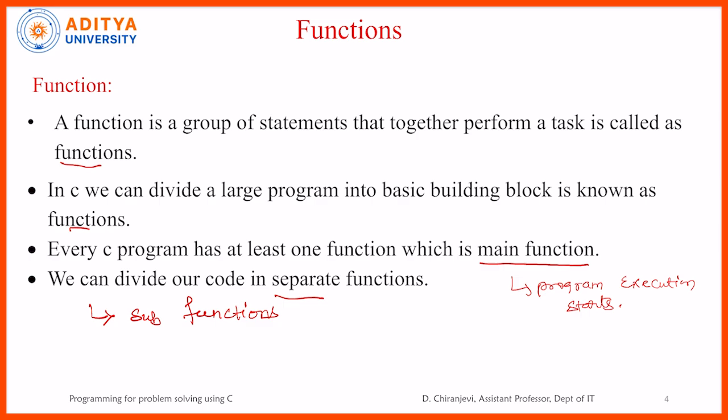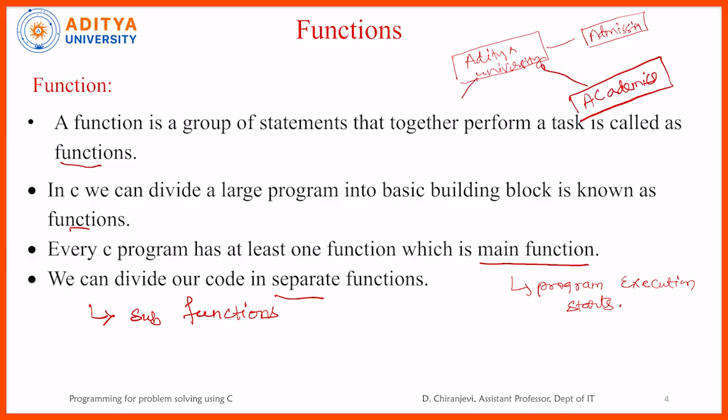Let's say you take Aditya University as a function. Now a single block, Aditya University, cannot perform all the operations. So Aditya University is divided into sub-functions like admission, academics, transport, hostel, and so on.